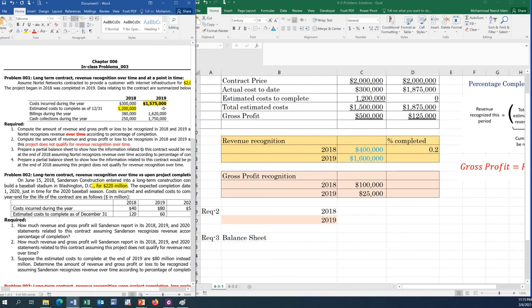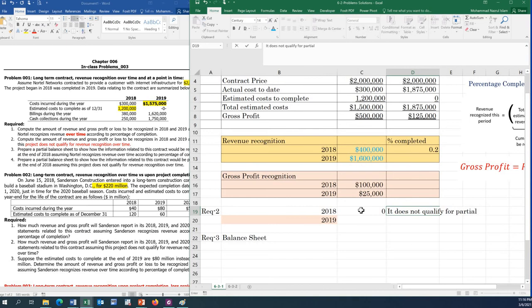In that case, in 2018 there will be 0, because it does not qualify for partial revenue. So the entire amount would be recognized in 2019, correct?